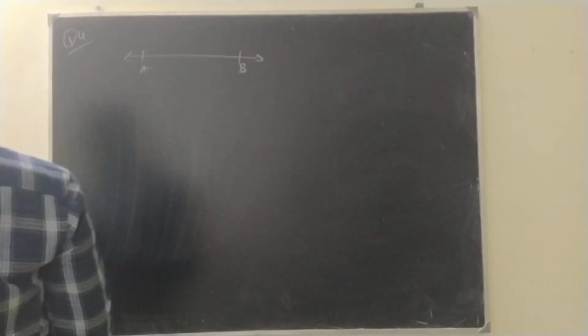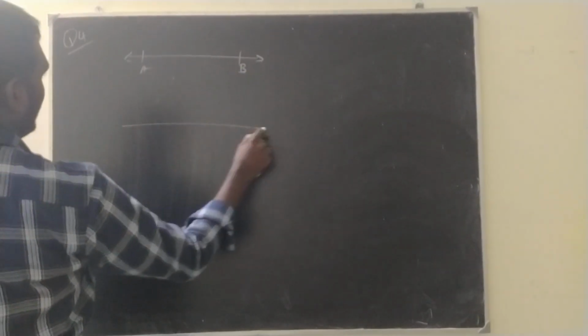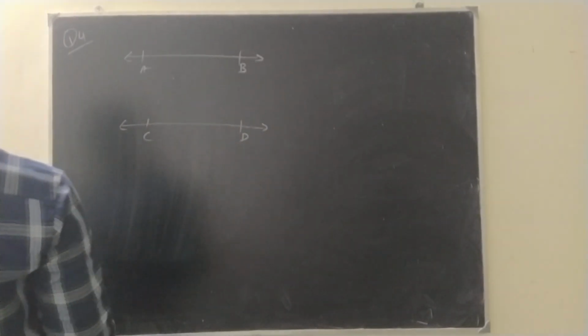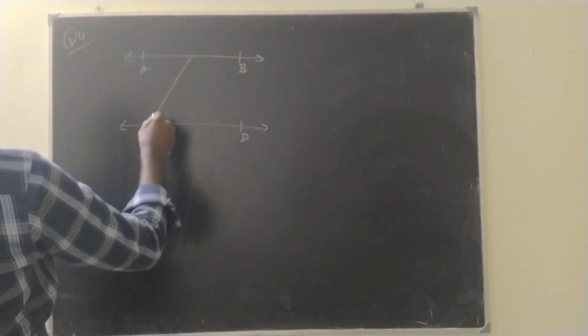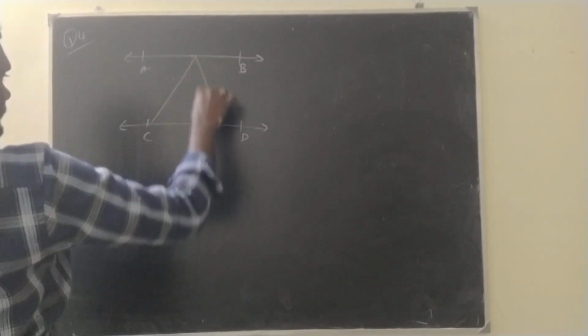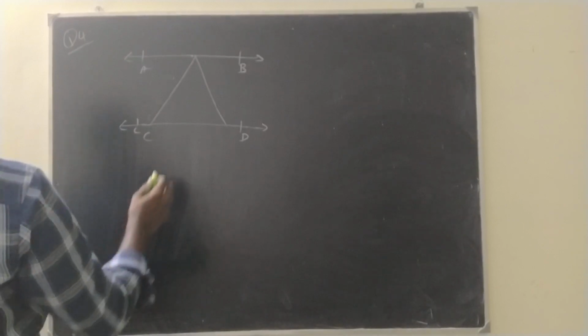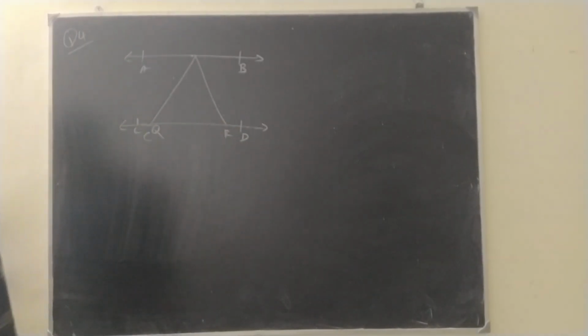AB is a line. Also parallel to that we have another line called CD. P is a point on AB such that PQR is a triangle.